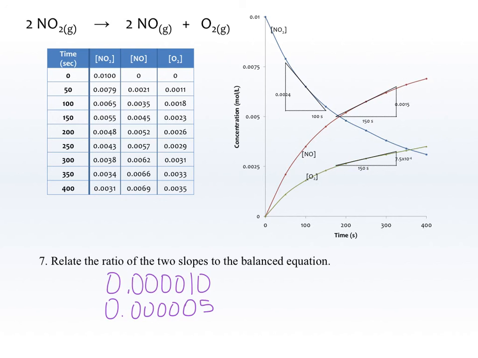So notice that the O2 curve is half the slope of the NO curve. The slope is half, showing that the O2 is produced half as fast, or the NO is produced twice as fast. The ratio of the two slopes is a 2-to-1 ratio, saying that the NO is produced twice as fast as the oxygen is produced.